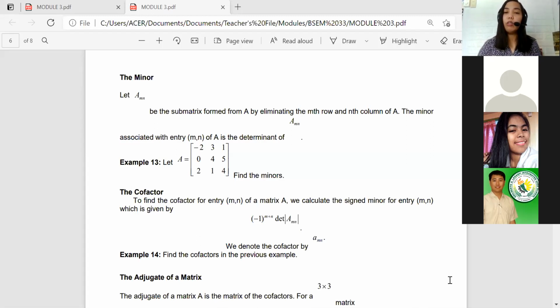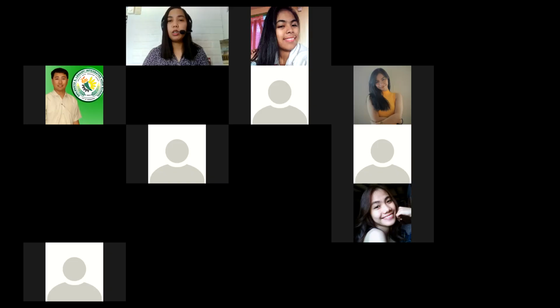We denote the cofactor by capital A sub mn. You don't need to memorize this. Para mas madaling makuha ang cofactor, just remember their position and multiply it.